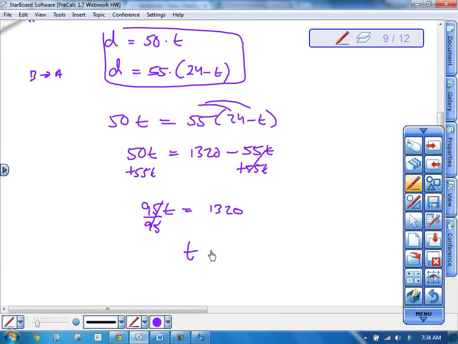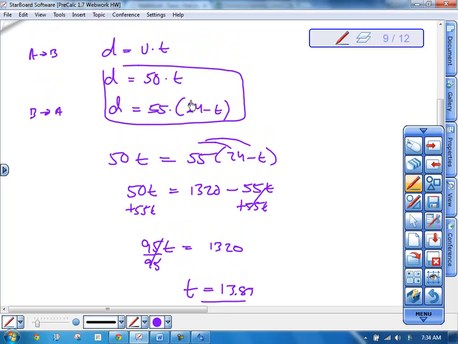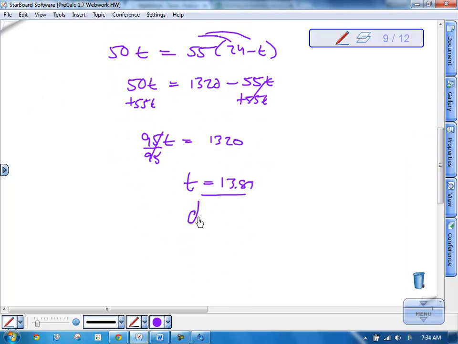That gives us a time of 13.89. I'm not going to round it, I'm going to leave that in my calculator. But it asks for distance, so I actually need to take that time and plug it into either one of these equations to find that distance, so I'll just multiply it by 50. And that gives us a distance of about 694.74 miles.